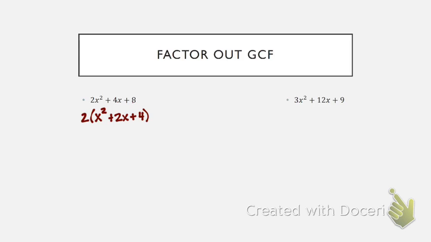In my second example, I can divide all three of these numbers by 3, so I'm going to factor out a 3 and divide 3x squared by 3, 12x by 3, and 9 by 3. So in the steps we're about to copy, factor out GCF just means taking out the largest number that all the terms have in common.